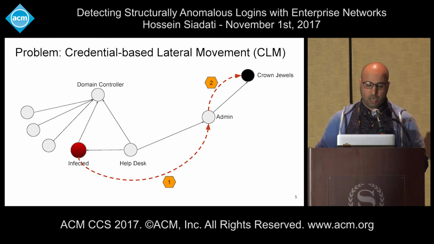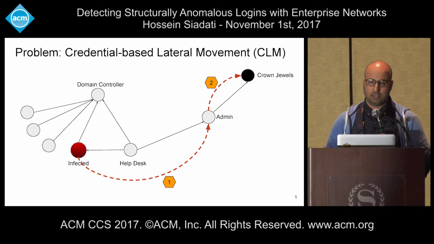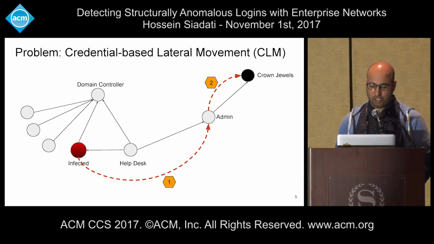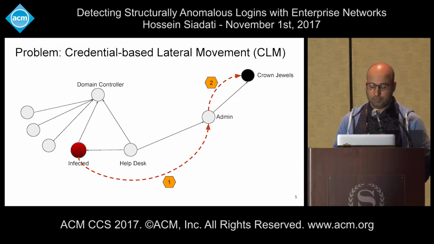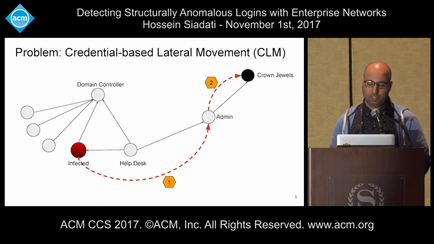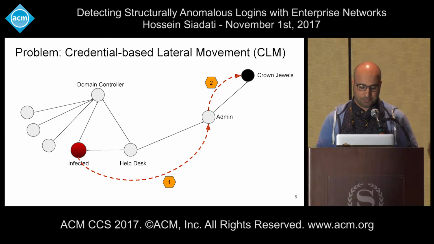If I want to describe how attackers steal credentials and move laterally within the network, we can imagine we have this network. The attacker usually starts by infecting one of the machines using spear phishing and a zero-day vulnerability to take over one machine and get admin level privileges.